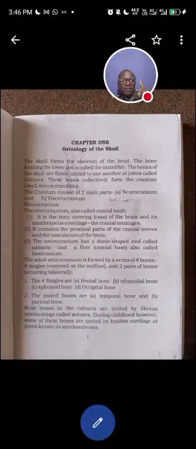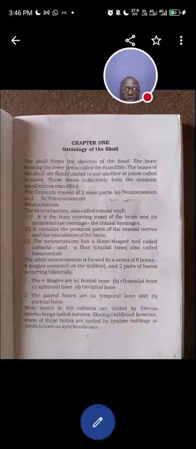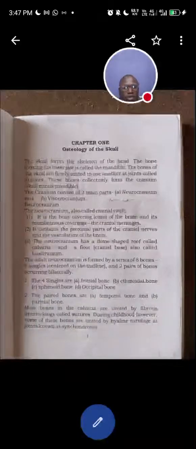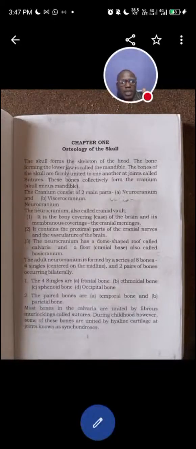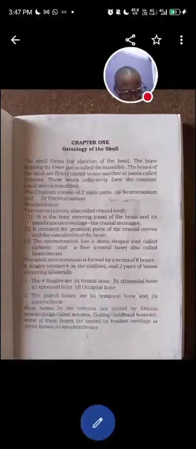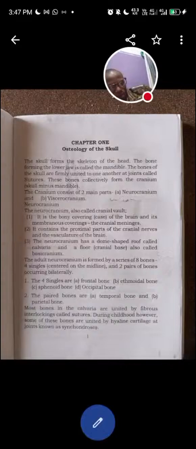The first four are single: frontal, occipital, sphenoid, and ethmoidal. From those we can form the name FOSE.